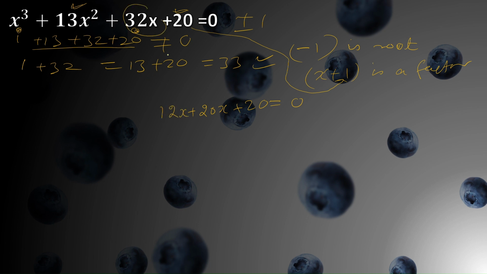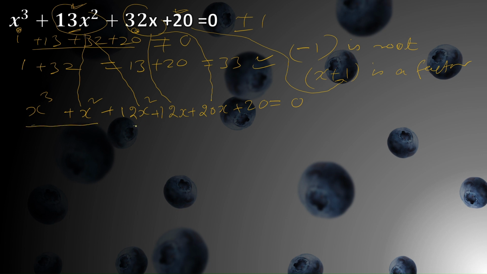So write simply 12x square plus x square, and just copy as it is this x cube. So this 13x square has been broken down into 1 and 12.